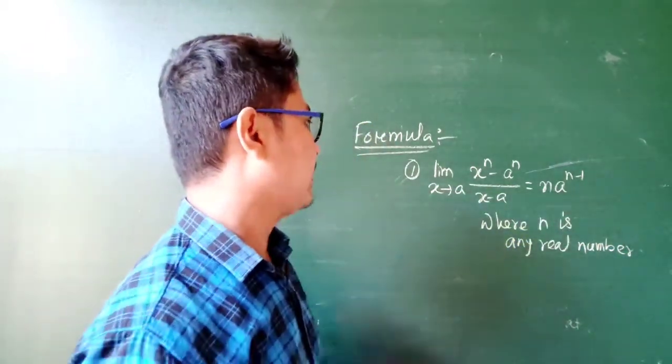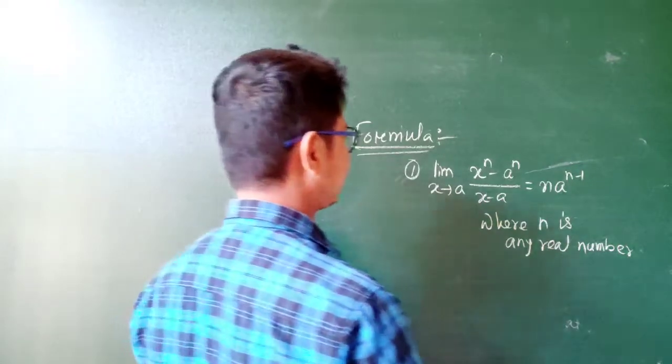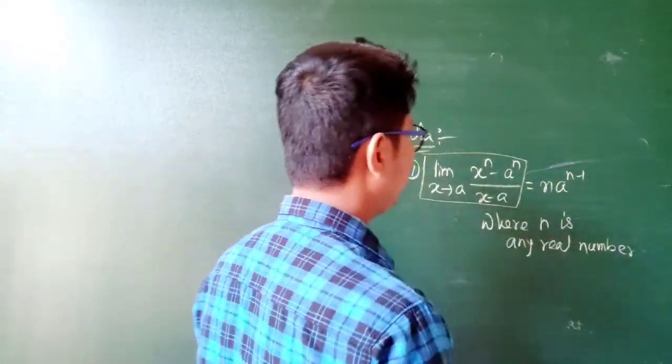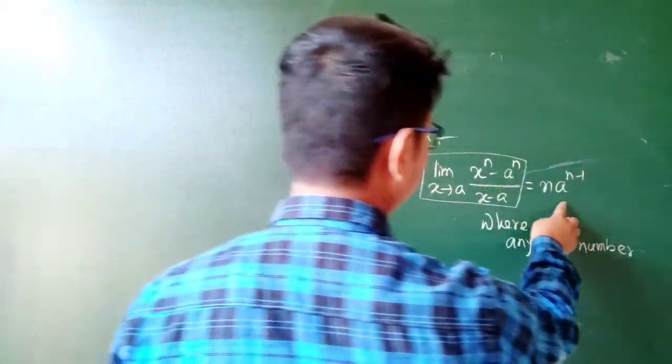If you have this kind of structure in a given problem, then you can directly write the answer n a to the power n minus 1.